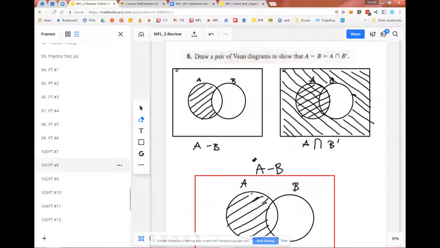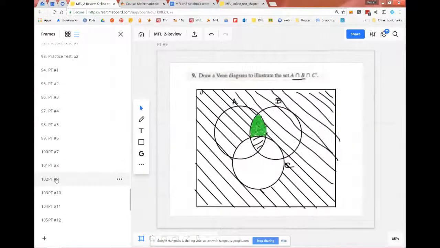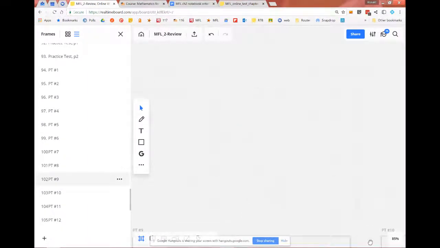Did you ask me about 8 and 9? Yeah, 9. If we could do 9. Yep. All right. Maybe I have to do this over so you can see it in action. Okay, perfect. So A intersect B intersect C complement. Let's do it up here.